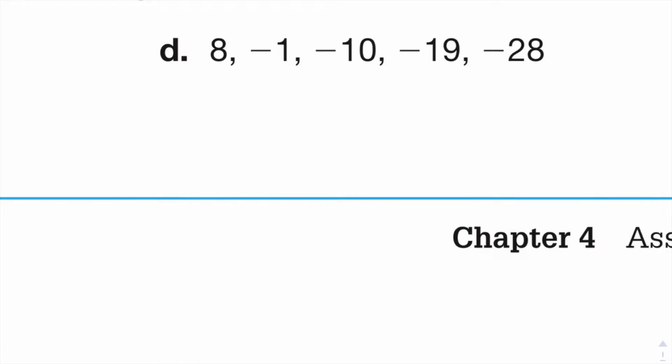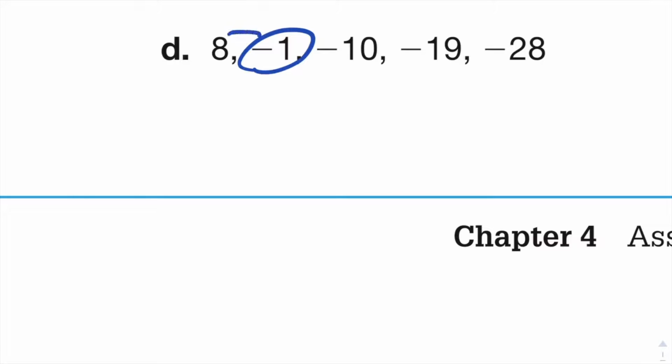Taking a look at this one, it goes from 8 to -1 to -10 to -19. I'm going to say it's arithmetic. This time let's find the common difference first. So second term, subtracting the first term. -1 minus 8 equals -9. 8 take away 9 is -1. -1 take away 9, -10.